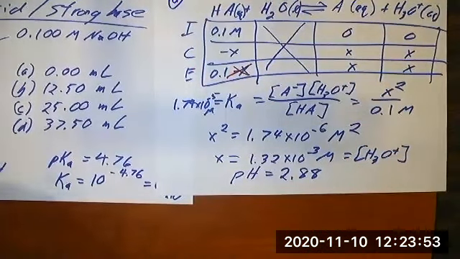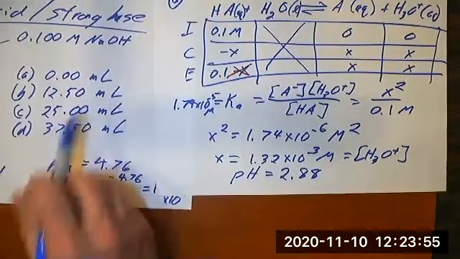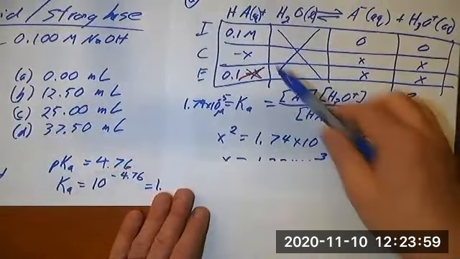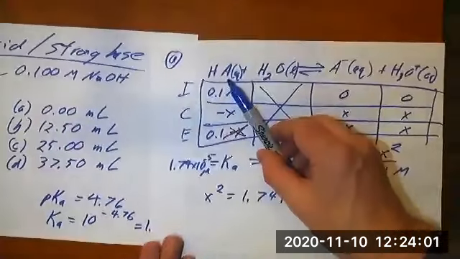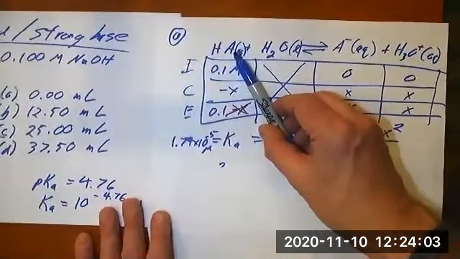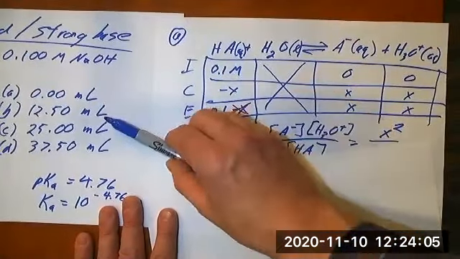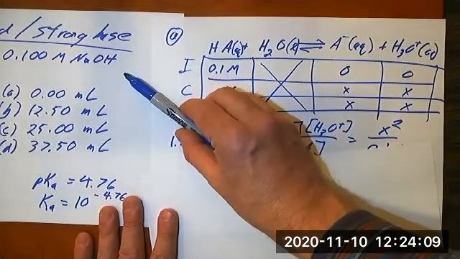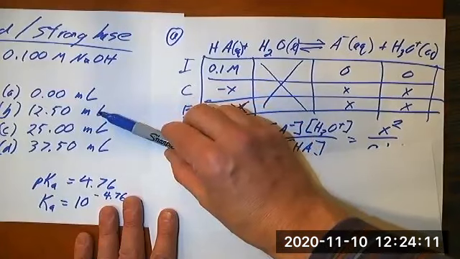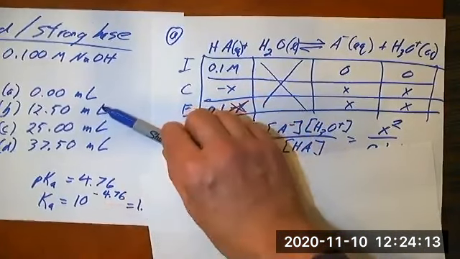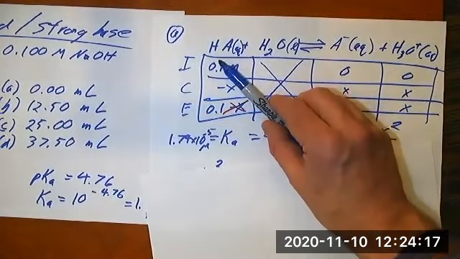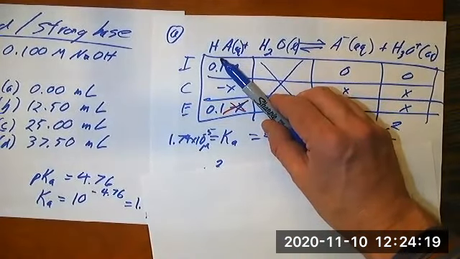Let's take a look at B. B is a case where we start with the same amount of HA, but we now add half as much sodium hydroxide. The way to think about this step is that the hydroxide, as a strong base, is going to pull off a proton from the HA.